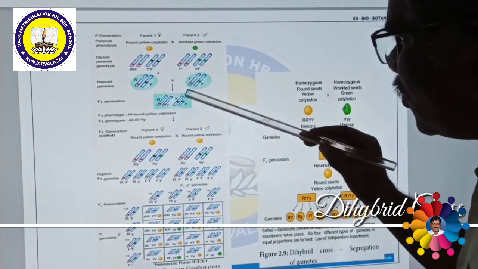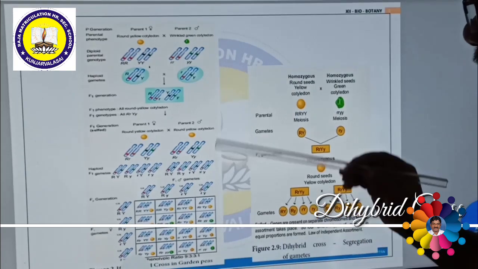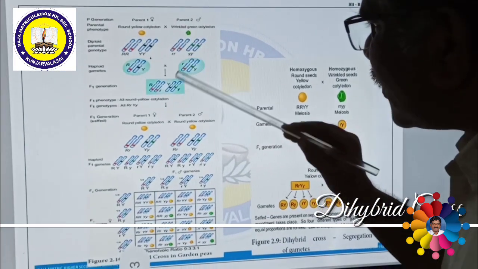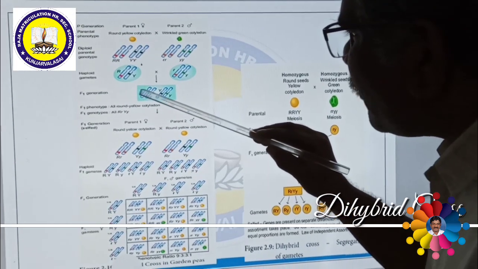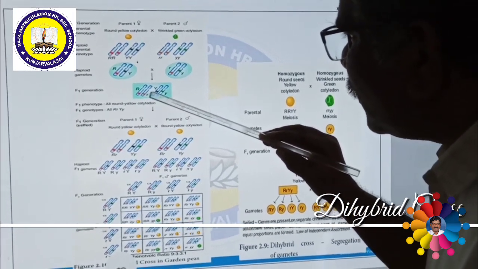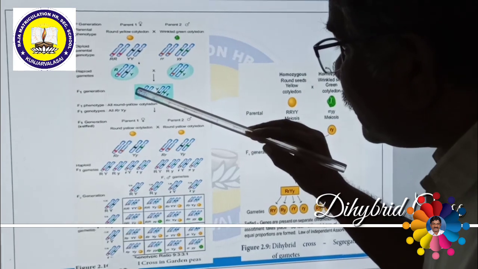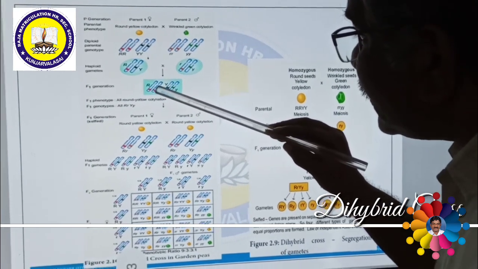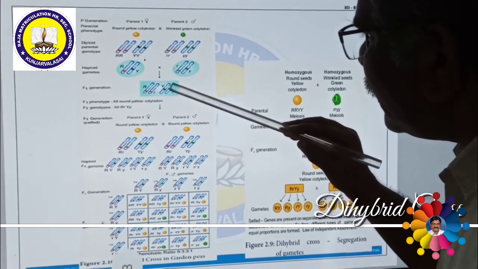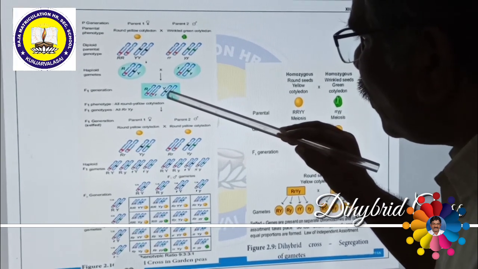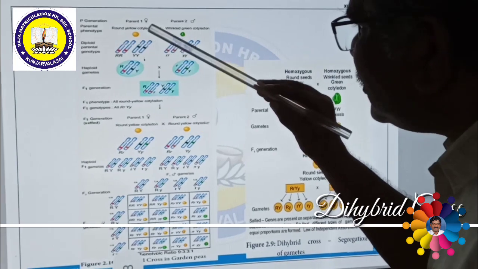Then if they are crossed together, what is the F1 generation? Capital R, small r, capital Y, small y. Capital R means round. Even though small r is available, it is round because round is dominant. Here capital Y, small y means it is yellow, because yellow is the dominant character.